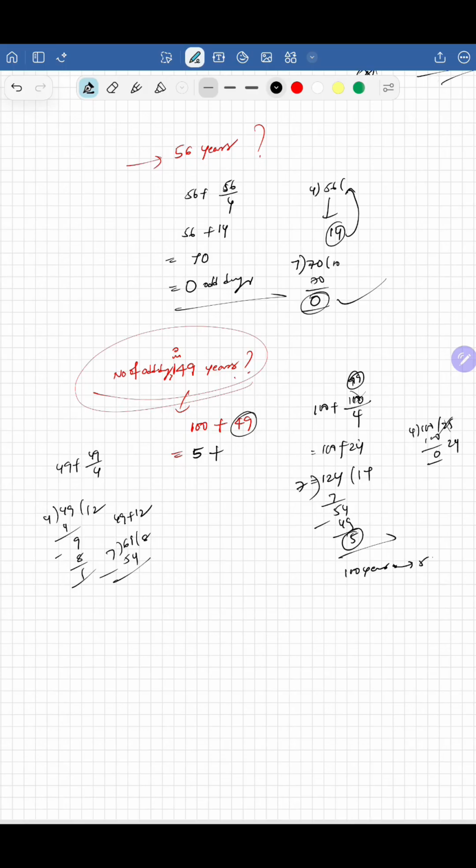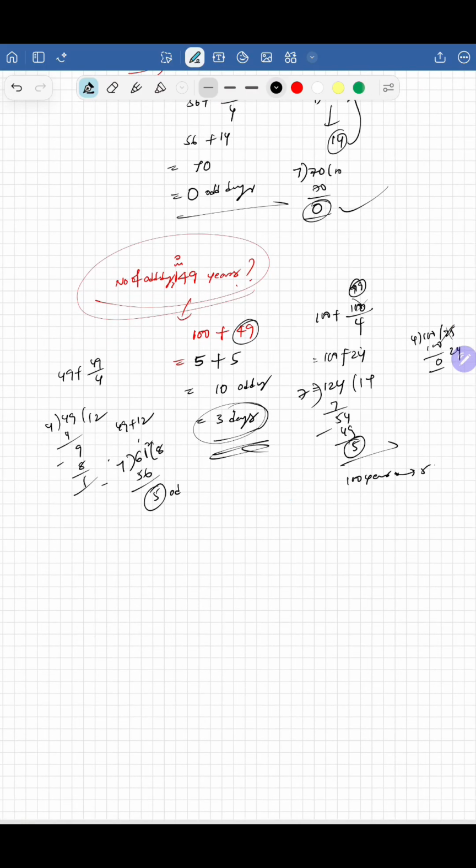I'm doing it very quickly, right? That's why I made a mistake. So if you see here, 61 divided by 7, 56 is 5 and remainder is 5. So here the number of odd days is 5. 5 odd days plus 5 odd days, total 10 odd days. If you again divide by 7, it will be 3 odd days. So you have to keep dividing by 7, then the ultimate answer will come.